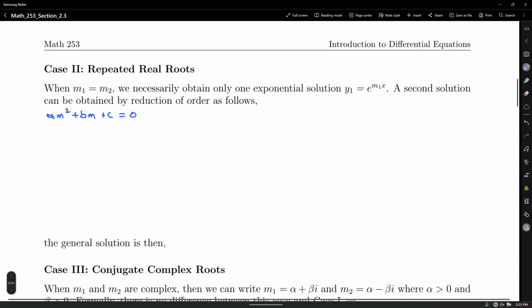I'm going to divide both sides by a, which takes us to m squared plus b over a m plus c over a.